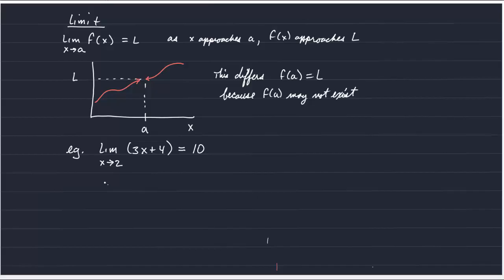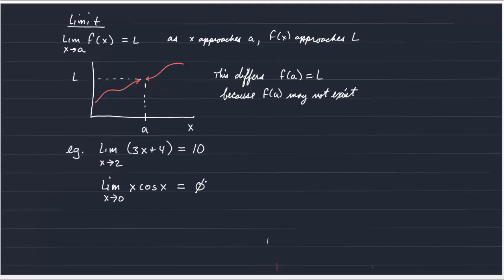Another example is the limit as x approaches 0 of x cosine x, and that too is somewhat trivial to compute because this is a continuous function of x. The cosine part gives a 1, but as x goes to 0, the whole function goes to 0.